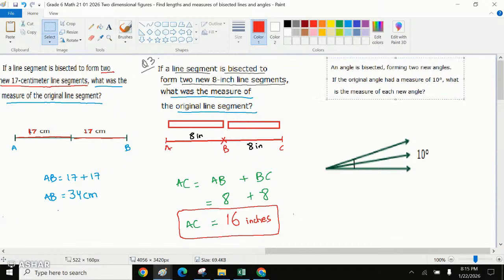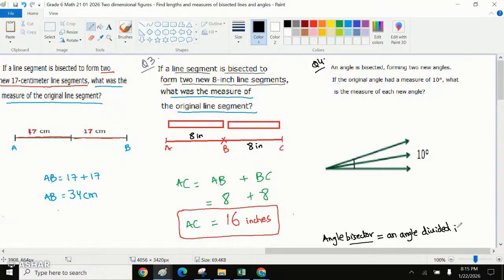So now we have an angle bisector. And we know that angle bisector, I told you the term bisector means breaking in half. So angle bisector would be an angle divided into two equal parts, right?